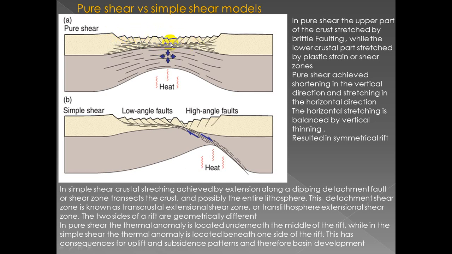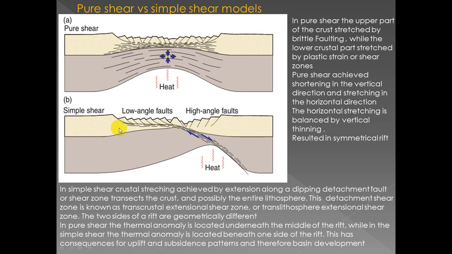So the first stage of extension is achieved by development of fractures in the upper part of the crust, and this can be followed by thermal subsidence due to shrinkage of heat here or ascending mantle here, which will cause subsidence later on in the late stage of the rift.